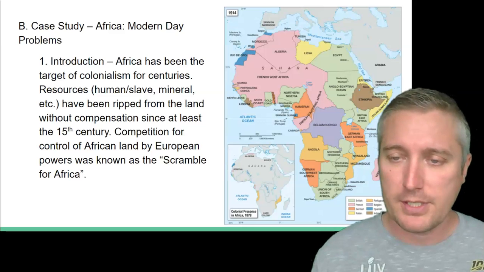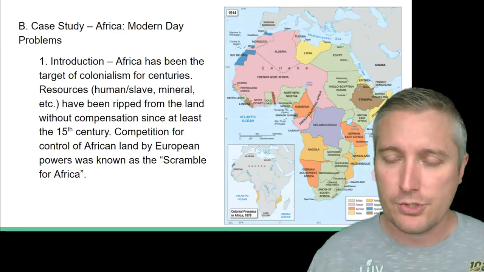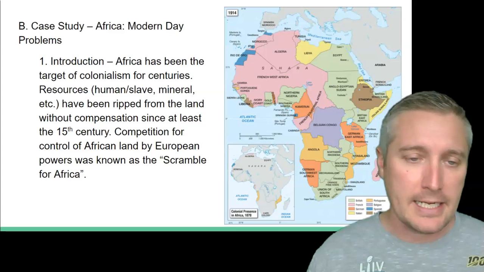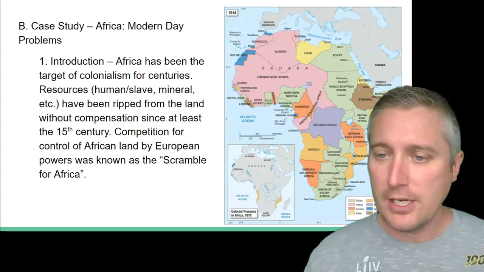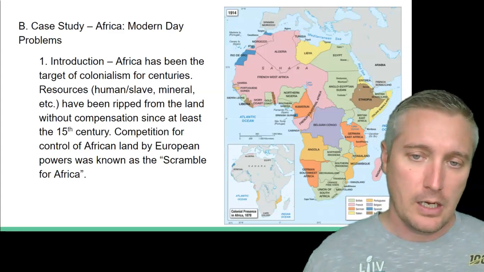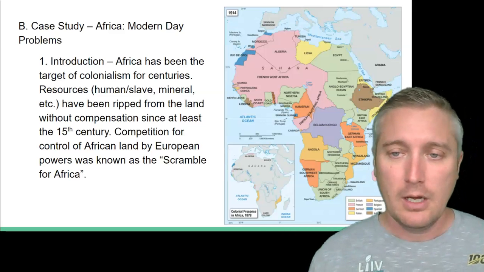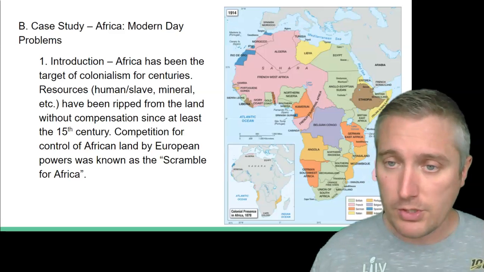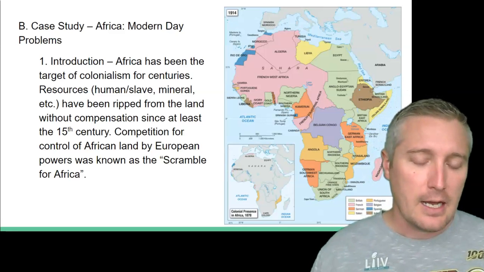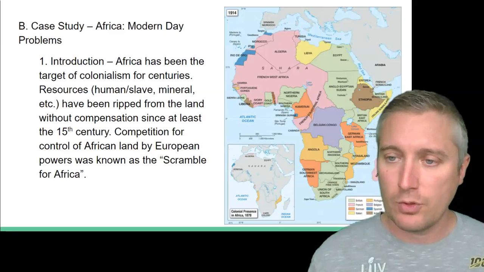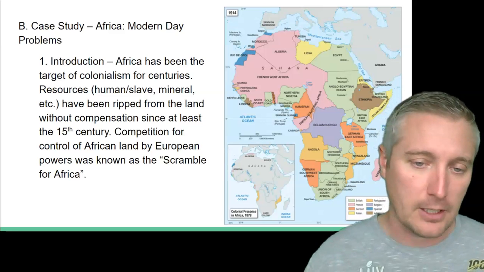Each color represents a different European nation that was trying to strive for control in Africa. And over the centuries of that control, they're taking resources, both material, mineral, also human resources out of this continent. And competition over land would run extreme in Africa.